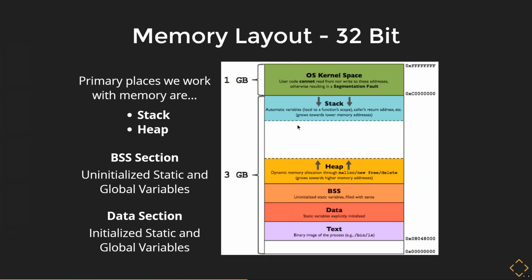Often what we're going to work with is stack and heap, the two places where we generally put data. And then there are also two other sections: the BSS section, which contains uninitialized static and global variables, and the data section in memory, which contains initialized static and global variables.